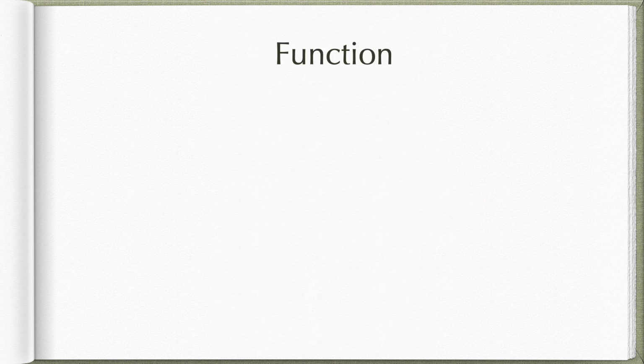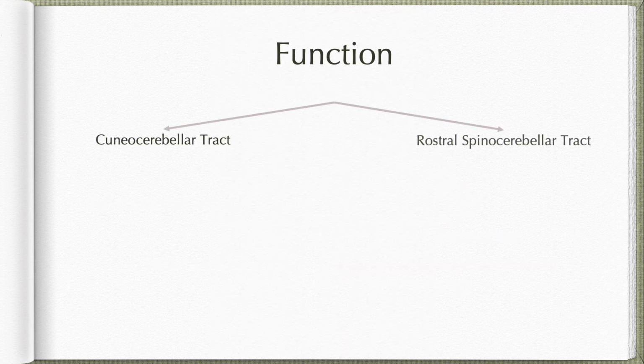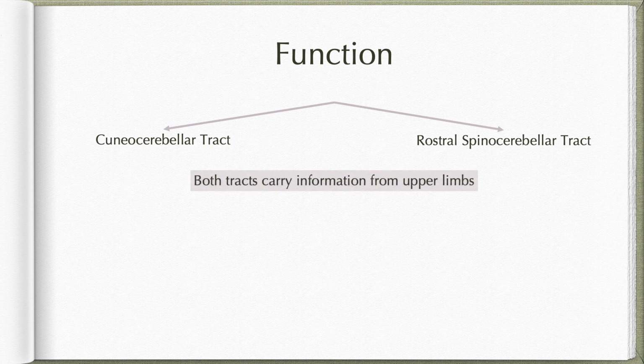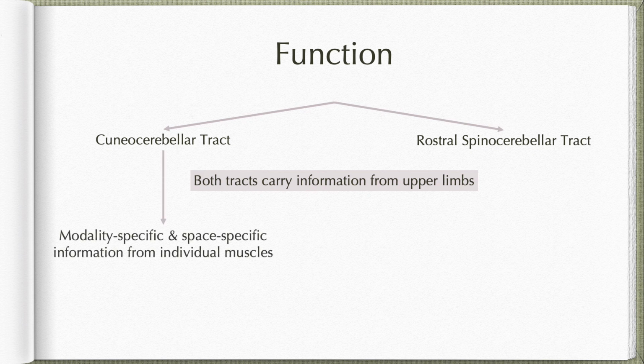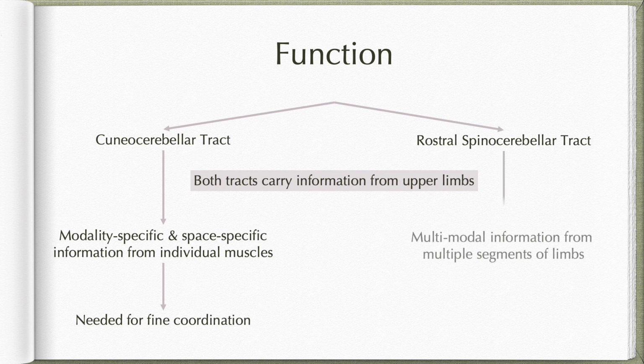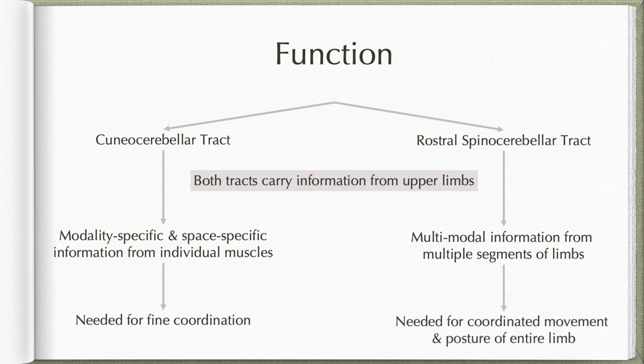So looking at the functions, both cuneocerebellar tract and rostral spinocerebellar tract carry information from the upper limbs. Cuneocerebellar tract carries modality-specific and space-specific information from individual muscles, which is needed for fine coordination, and rostral spinocerebellar tract carries multimodal information from multiple segments of the limbs, which is required for coordinated movement as well as maintaining the posture of entire limb.